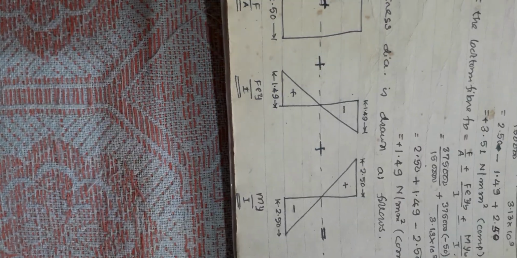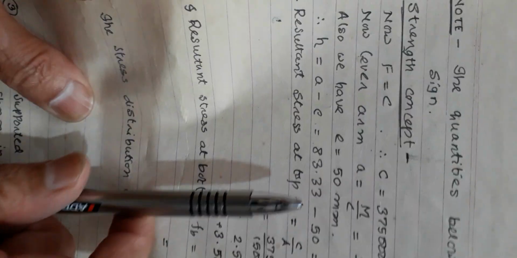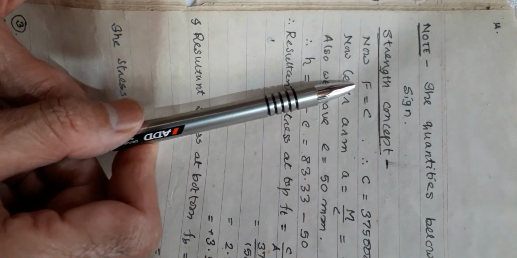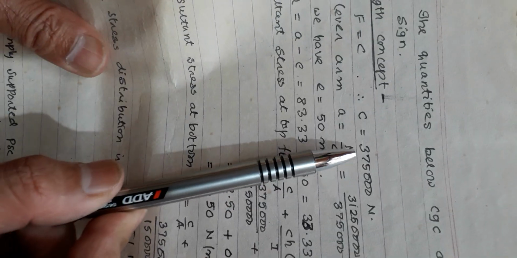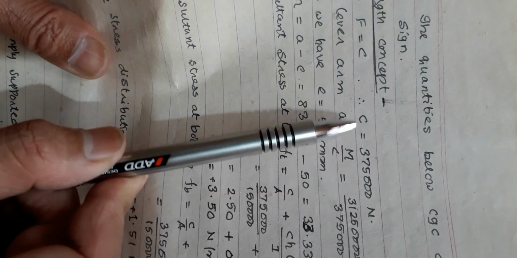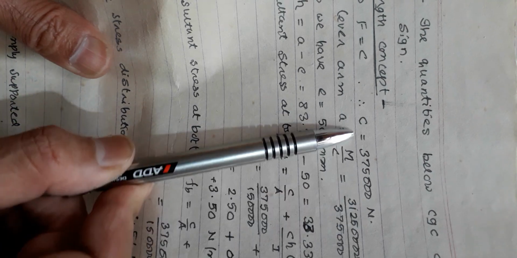Okay, now we shall see the same problem by using now the strength concept. Okay, how to find out the stresses by using strength concept. Okay, so now in the strength concept, you know that F is equal to C. Am I right now? So F value you know that it is 375000. So it's equal to C now. So this much Newton.